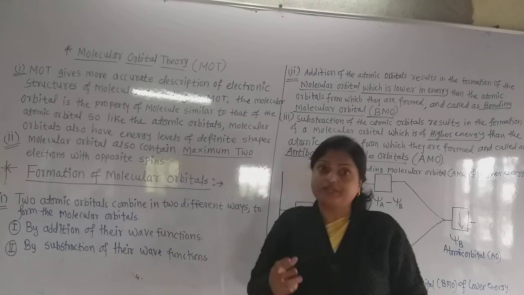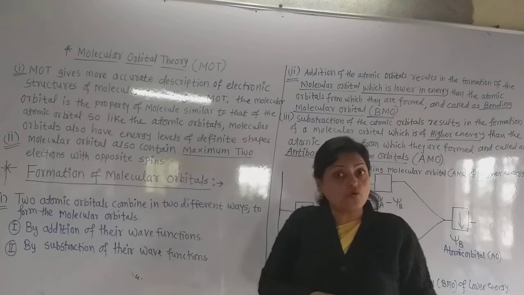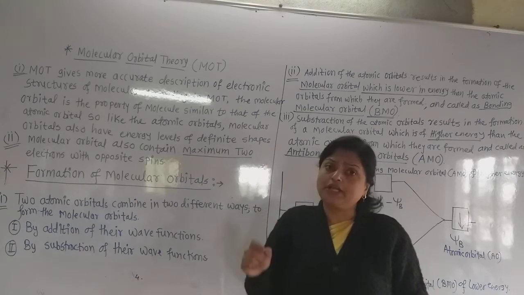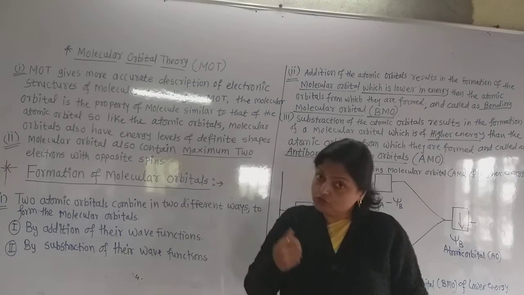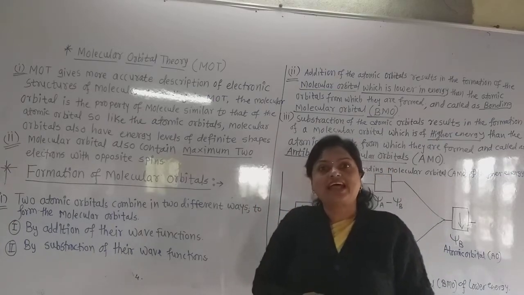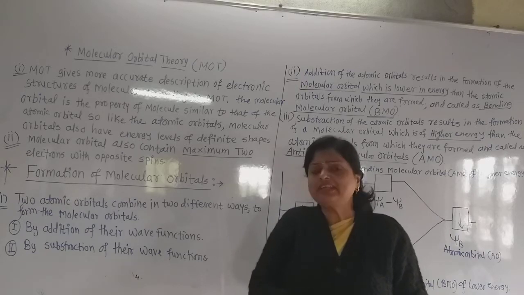Water is the compound, and the smallest particle of water is H2O, the molecule of water. So molecules have molecular orbitals, and atoms have atomic orbitals.